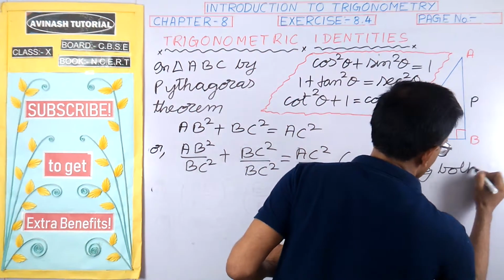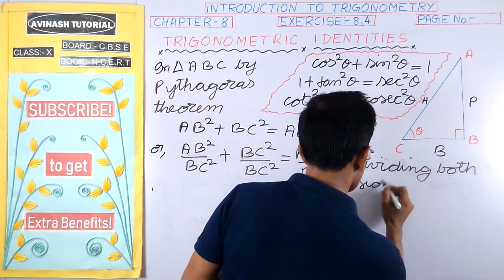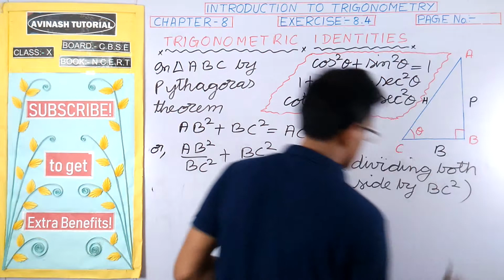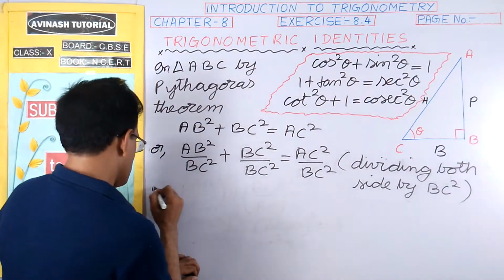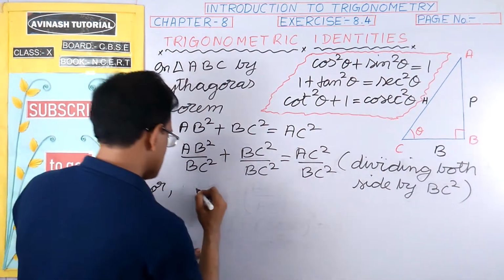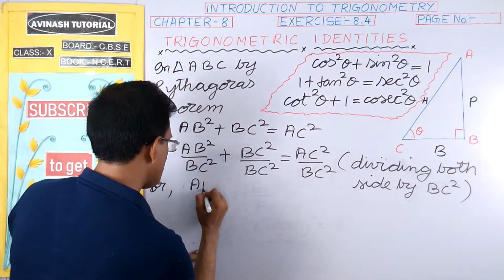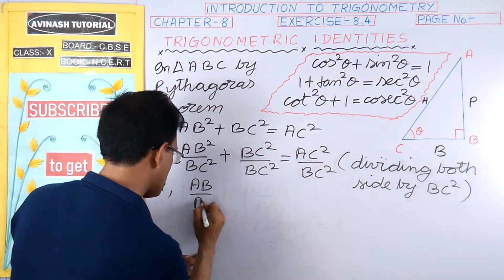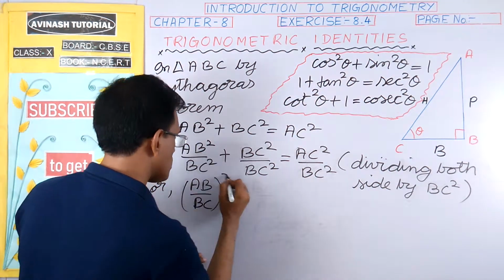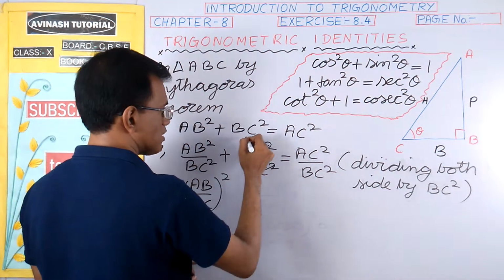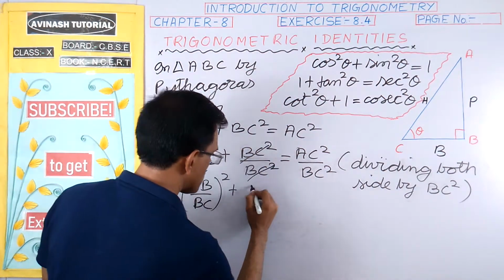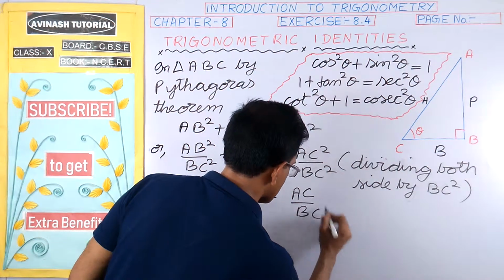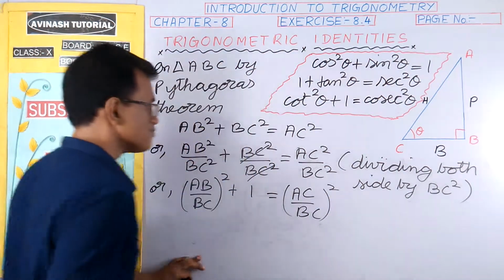Or AB by BC whole square, now this will cancel out and we will get 1 over here. This is equal to AC by BC whole square.